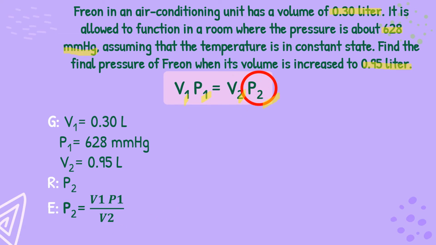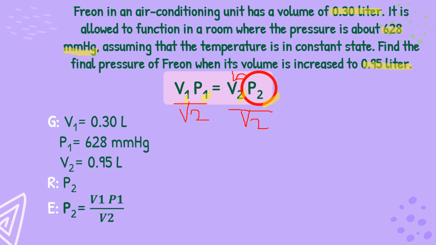Divide both sides of the equation by the quantity beside it, which is the final volume.